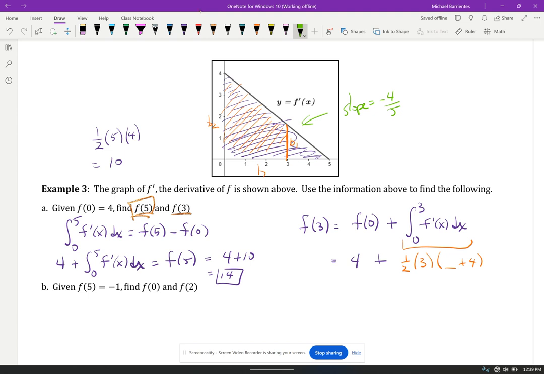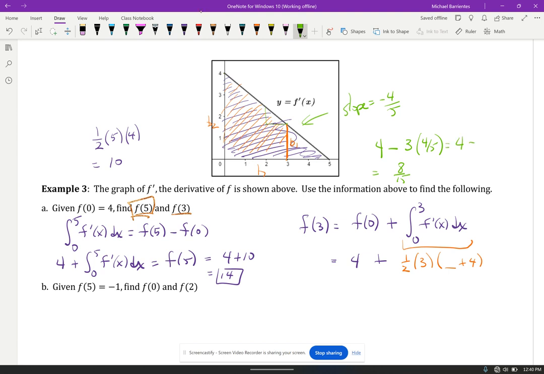From 4, it's going to go down 4/5, and then I get 1. Then it's going to go down another 4/5, and then I get to 2. And then another 4/5, and I'm going to get to 3. So the y value here would be 4 minus 3 of those 4/5, which would be 12/5, which would be 8/5 if I subtract that. If I did that correctly, I think that's what that is.